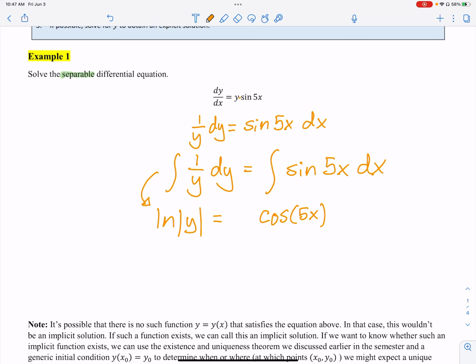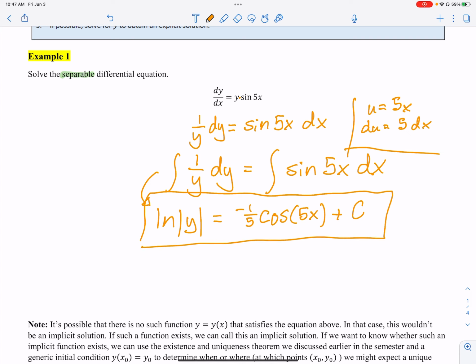I also need that to be a 1 over 5, because I'm going to get the chain rule from that 5, plus c. So this is a u sub. If you need help seeing that, let u equal that, so du is equal to 5 dx, do all the proper subbing, do your integral, and that's what you'll get. This is our solution.